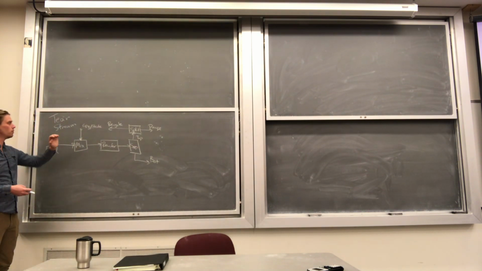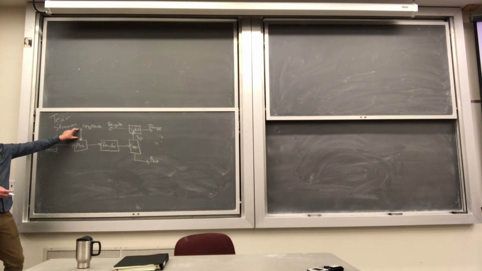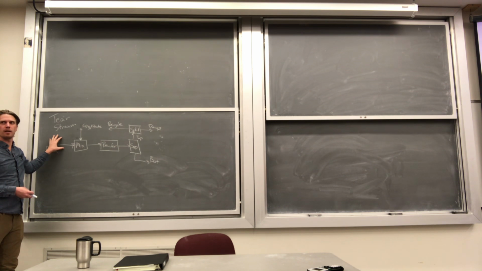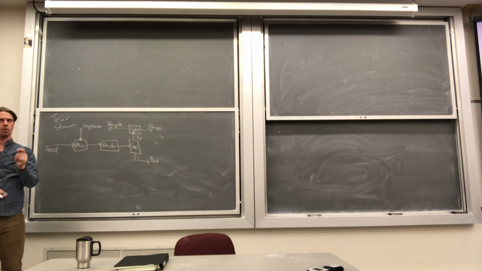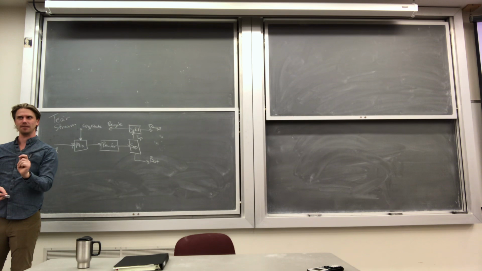What we want to do is we want to guess what we think the composition or the flow rate of this recycle stream is going to be, right? So in the case of problem 7, it is specifying what the recycle ratio is.